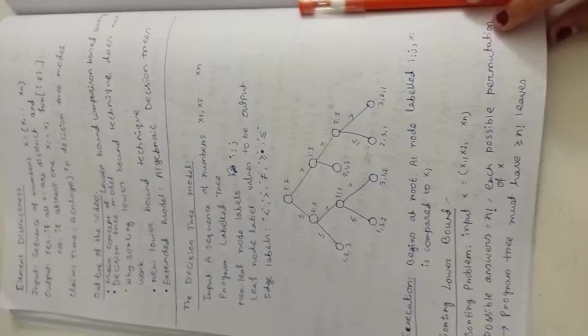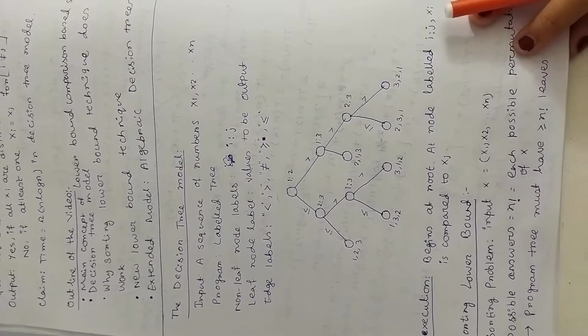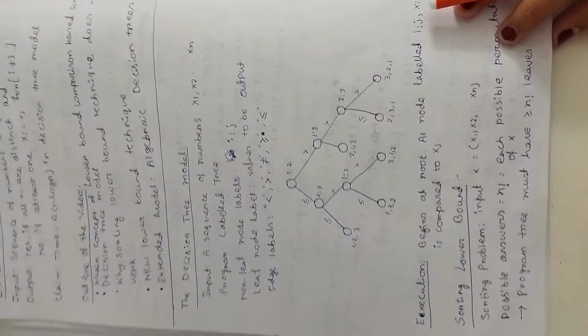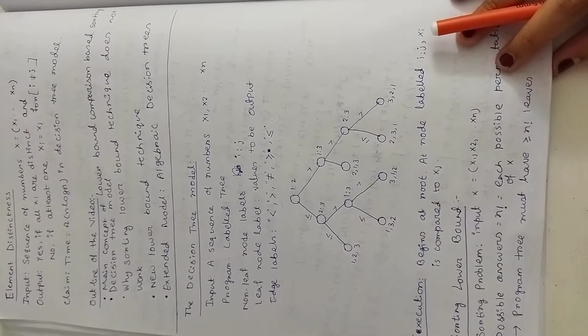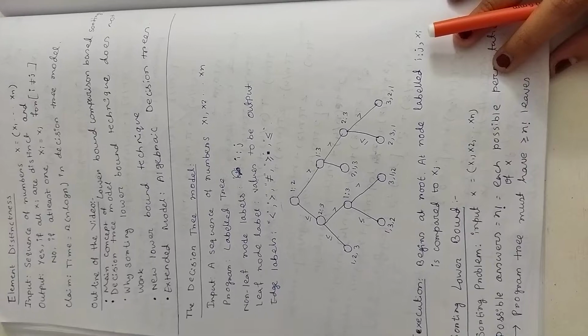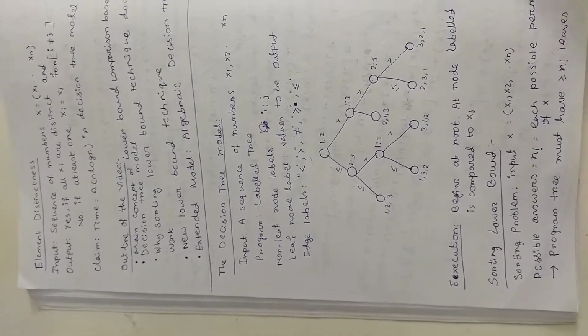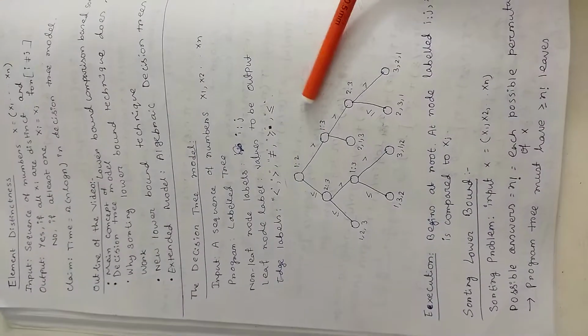So here in this decision tree model, we were taking one input which is actually a sequence of numbers x1, x2 up to xn. Here we are just breaking down what we have actually done.